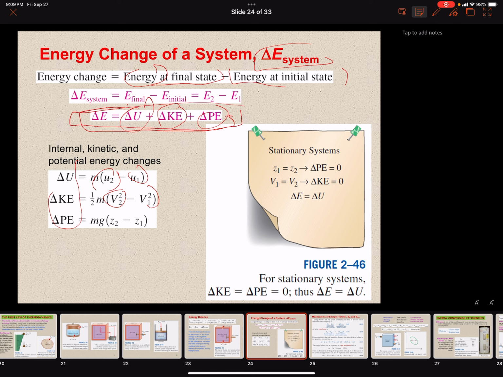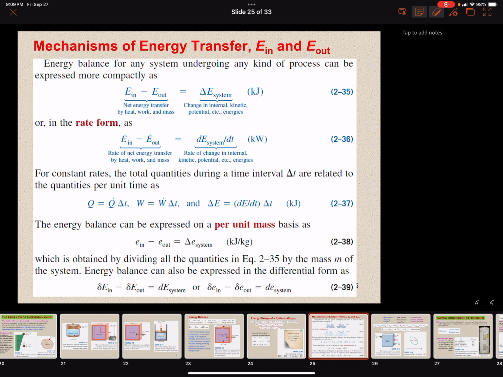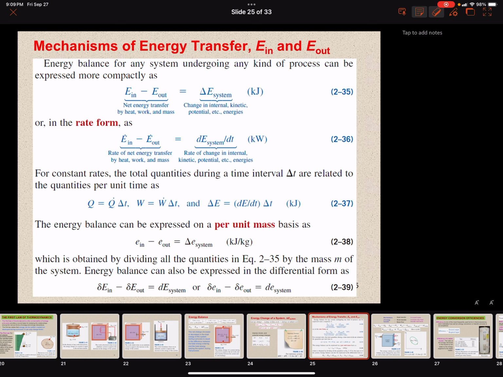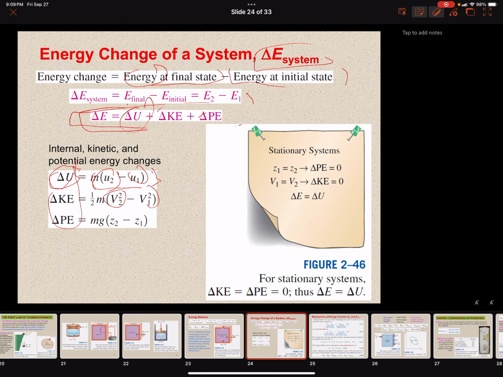So again, this form is the same as this form, but instead of using final and initial like this one, we use delta. I hope this equation is clear, because this equation is very important.